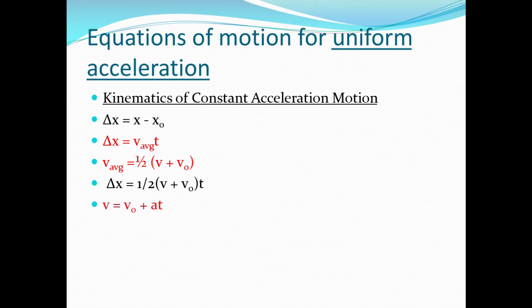And then there's this equation that came from that linear relationship of the graph of velocity versus time. We had the final velocity equals the initial velocity plus the acceleration times the time, or V equals V naught plus AT. And then we had the world line equation here. The final position equals the initial position plus the initial velocity times the time plus 1/2 the acceleration times the time squared. That's a key equation.